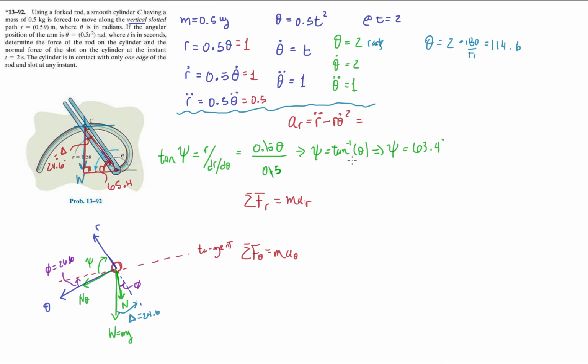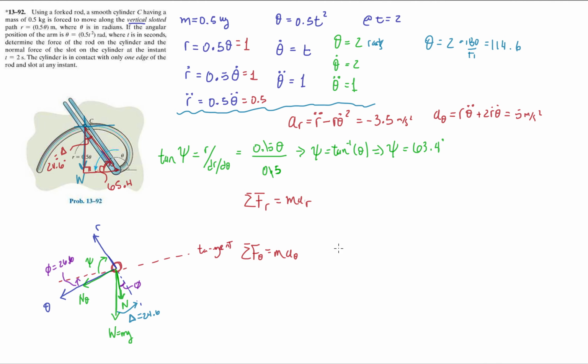They made it very easy for us. And this is what you should get. And then a_theta, r theta double dot plus 2 r dot theta dot, equals 5 meters per second squared. Okay. Whew. It's a lot. There's a lot. That's why I wanted to spend a little extra time with these problems.